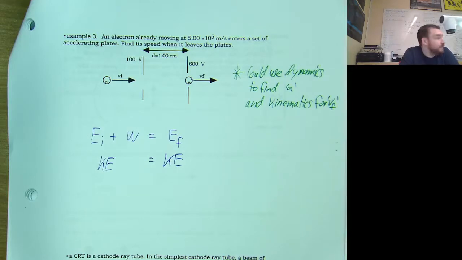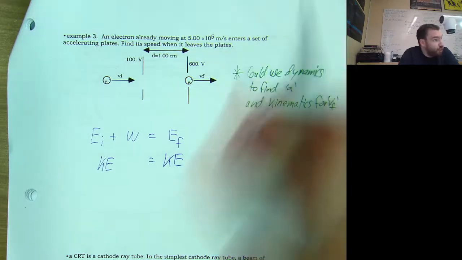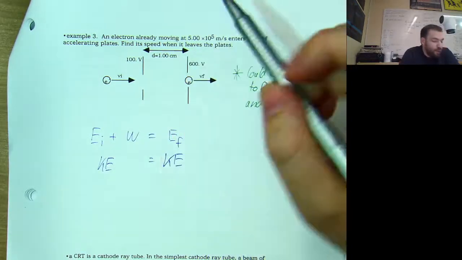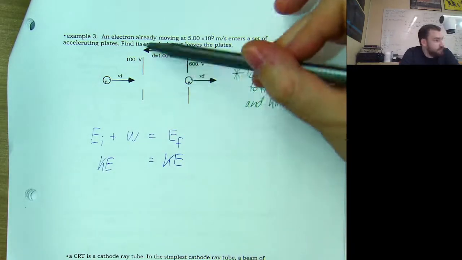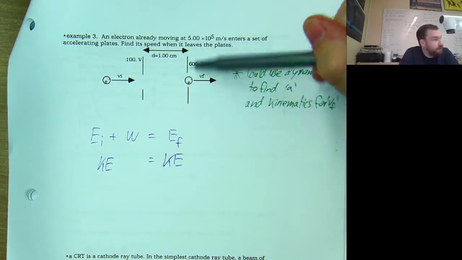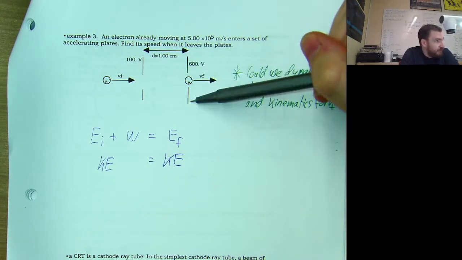What else do I have? Currently, the way it's written, we have a potential here, and we have a potential here. Okay?